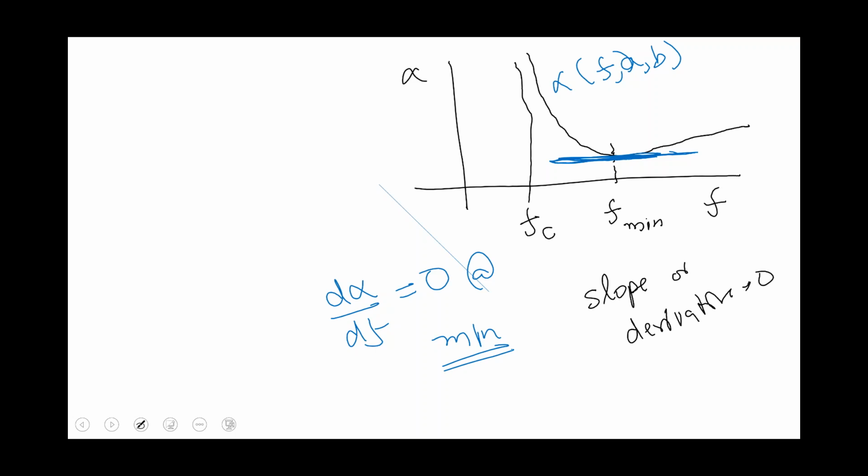Yes, sir. But the attenuation also depends on the intrinsic impedance, right, sir? For TE, it depends on the intrinsic impedance, but intrinsic impedance depends upon the frequency. So you have to put the value of frequency there.